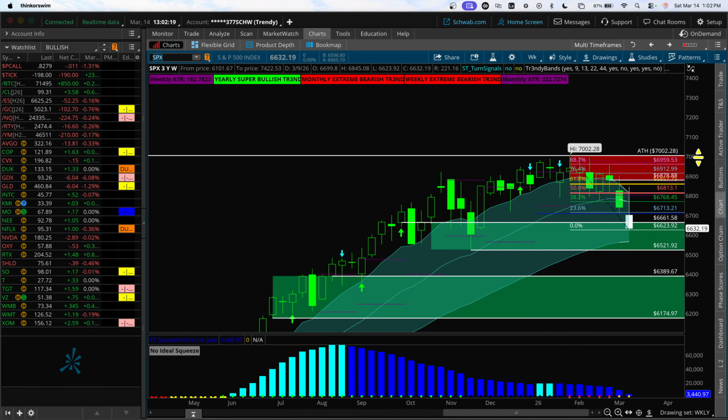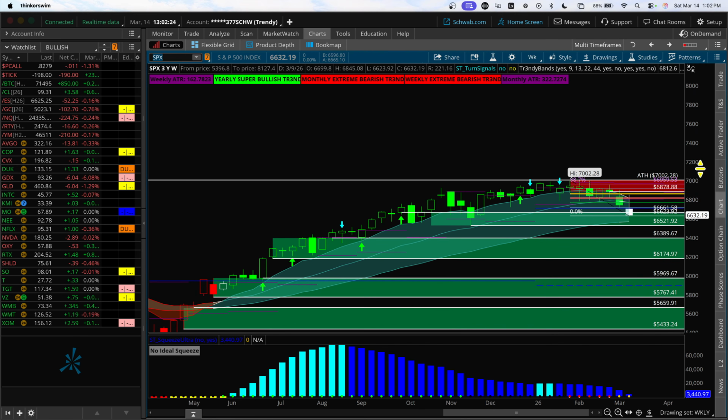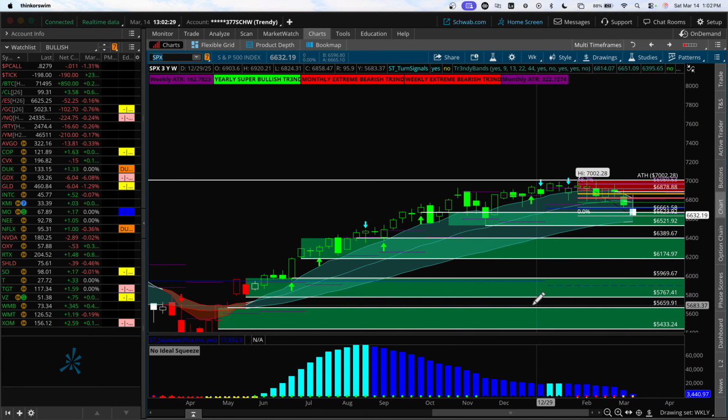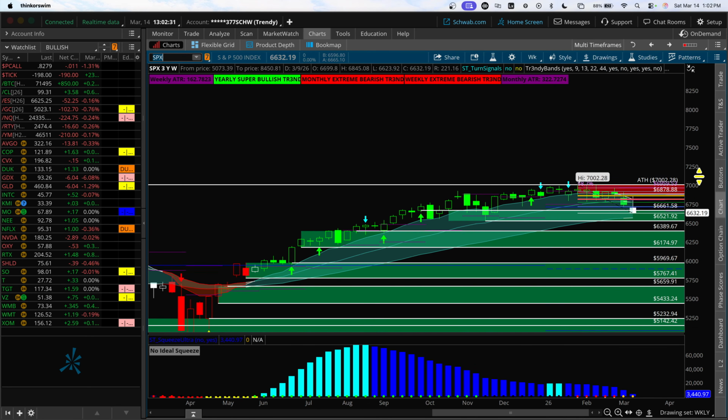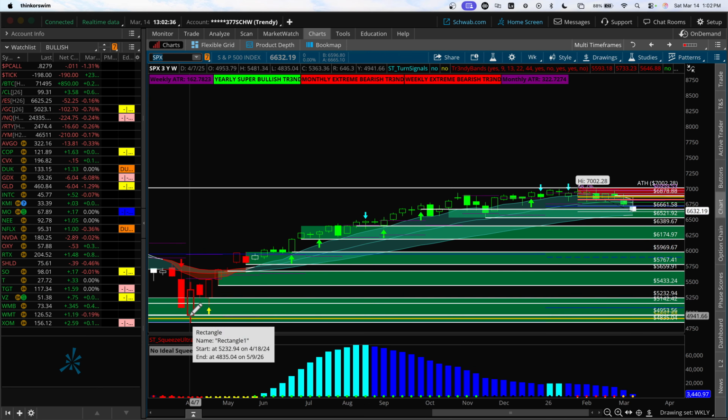So let me zoom out here and let's just look at this weekly trend over the last year. So I've zoomed out to April of 2025. This is when the market pulled back about 20%, and everyone was thinking we were going to crash, but I knew that we had a high time frame demand zone there, and I was actively buying this dip down at demand.